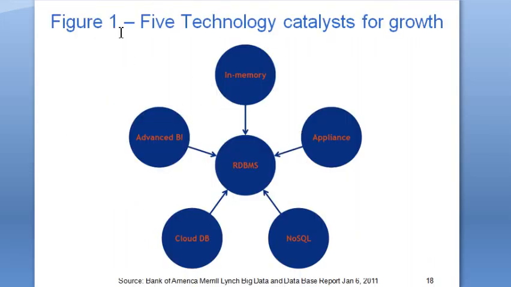And here's figure 1, which obviously doesn't look like an Excel spreadsheet. The 5 technology catalysts for growth. And I'm doing something that I'd never do when I was presenting in a class. Notice I have red with a blue background. That is a disaster. So watch out for that, because it's so hard to read the red.